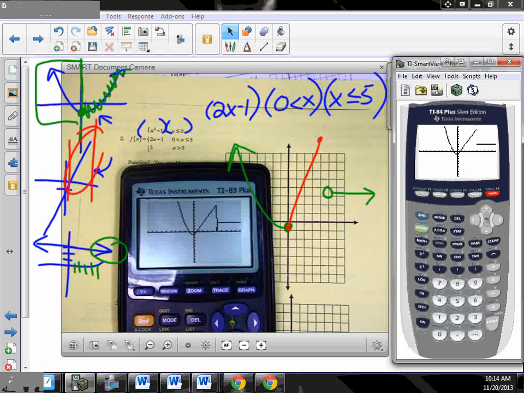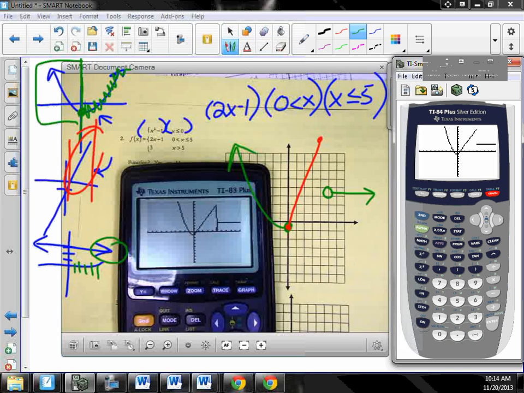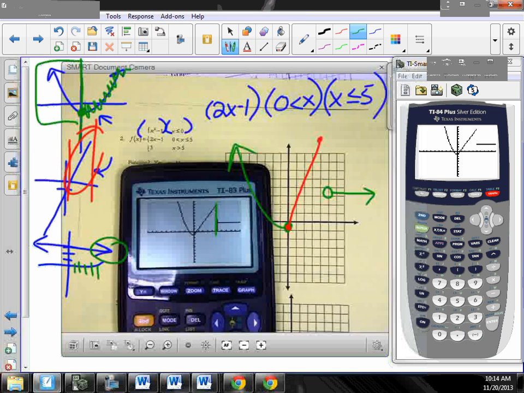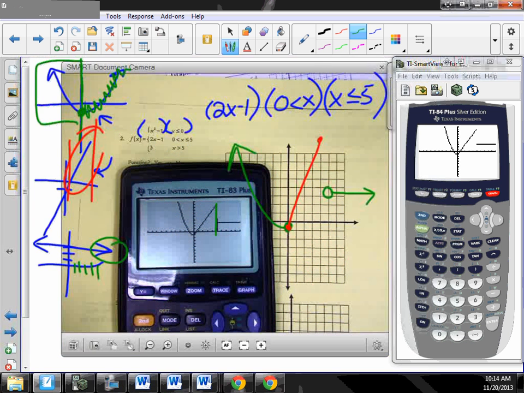For some reason, the calculator takes the endpoint and connects it to the x-axis. And I don't think there's any way to fix that. So if your calculator draws that line, just ignore it. It's not really there. And it'll probably do it on every inequality, every piecewise function that you create.